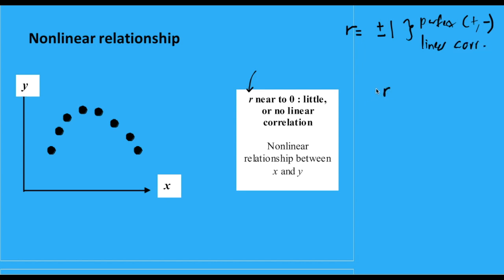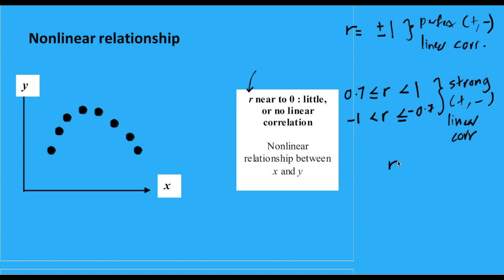So when R is between 0.7 and less than 1, or when R is greater than negative 1, less or equals to negative 0.7, then this describes a strong positive or negative linear correlation.